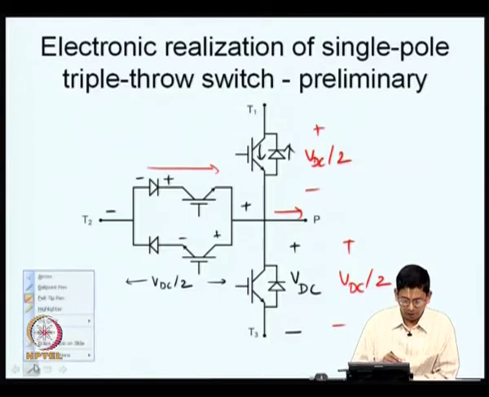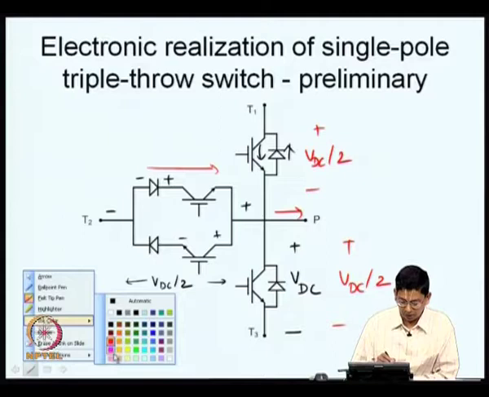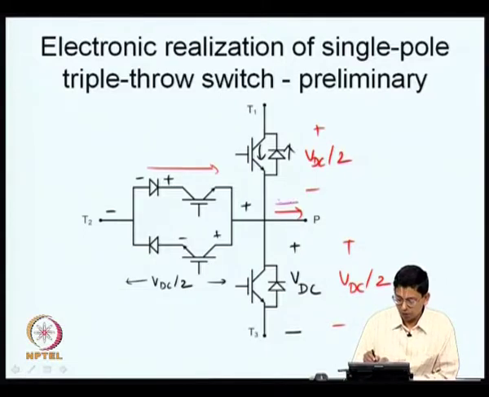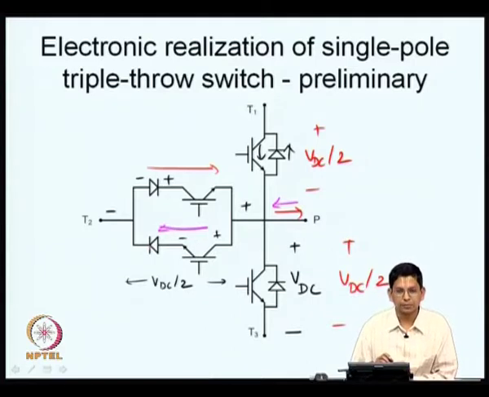If I say the direction of current is different, like here in the opposite direction, then current would flow through this branch. So, this is what will happen now. Here the situation is, it is not enough if you have a blocking potential of VDC by 2, you need switches which can block up to VDC. So, this is what you still need, a higher DC bus voltage rating.